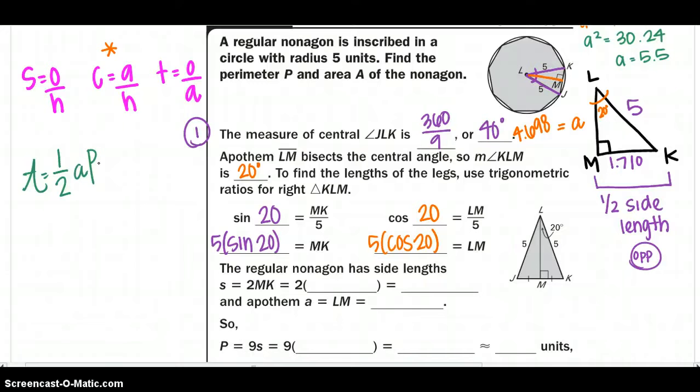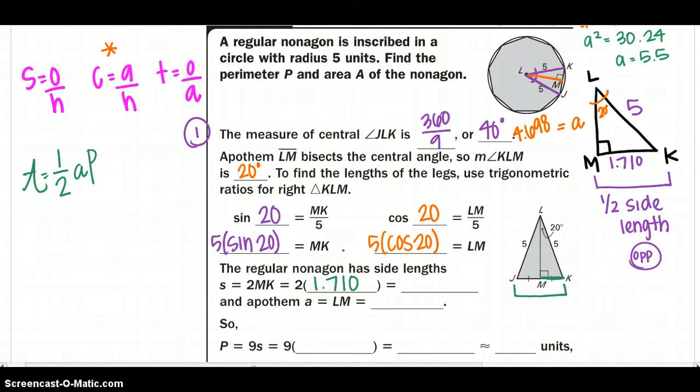Next, the regular nonagon has side lengths of S, and so we know that JK is our side length, and we found MK, so we're just going to take 2 times MK, which we found to be approximately 1.710.